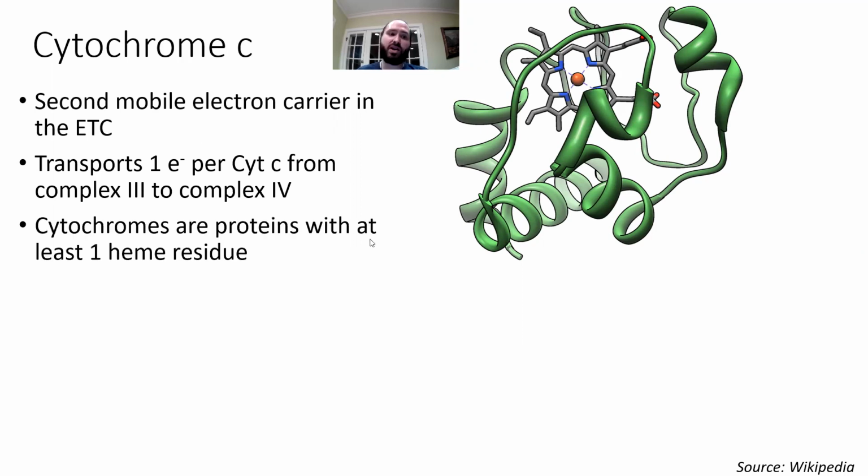What is a cytochrome? A cytochrome is a protein with at least 1 heme residue. What's another protein that has a heme? Hemoglobin, yep.